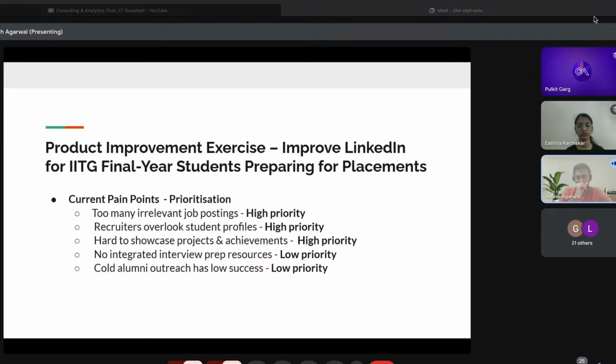We might not be able to solve the problem in its entirety, but we might solve most of it. So I've given top priority to the connection between recruiters and job seekers and to how you can build your professional identity, and low priority to interview prep courses as well as cold alumni outreach.